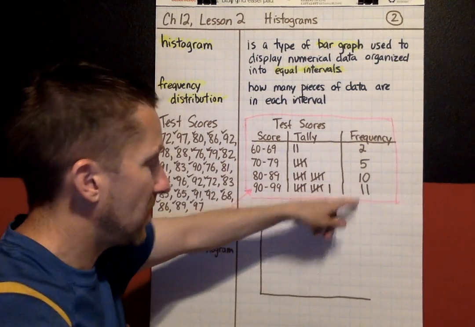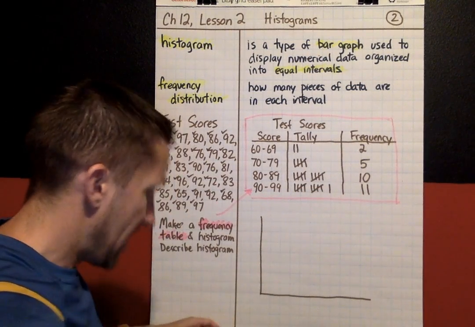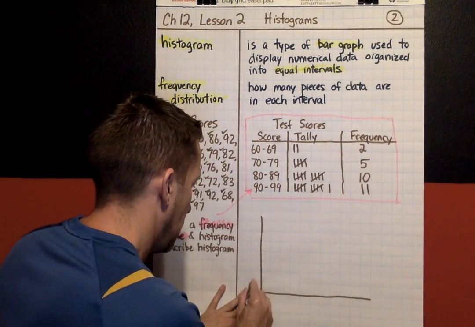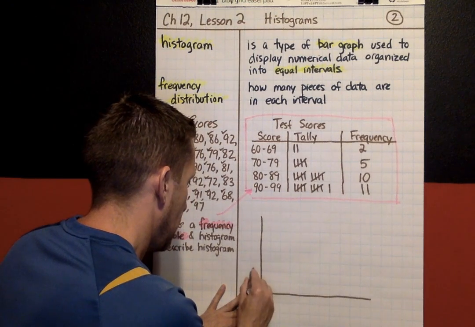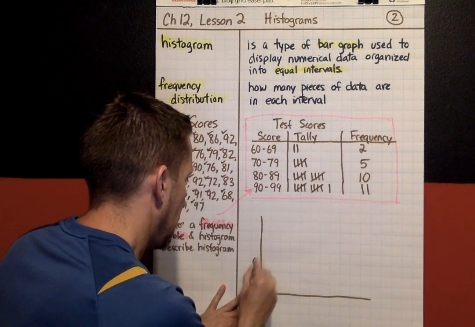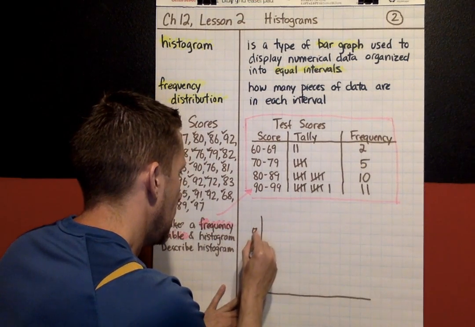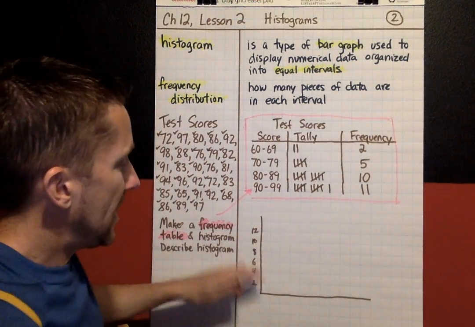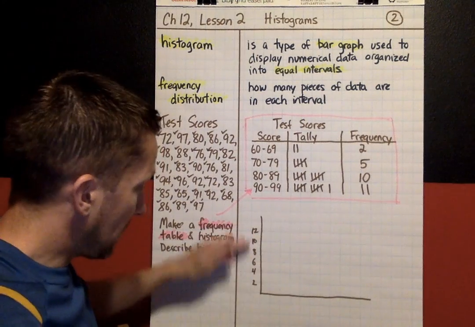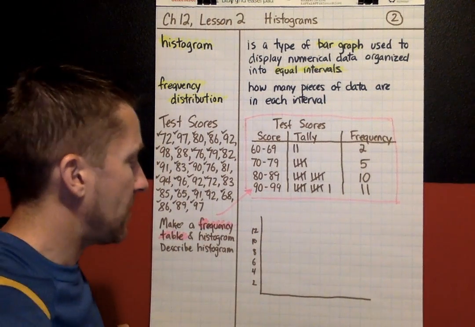I see that I have to go up to 11, so I'm going to count by 2s. So 2, 4, 6, 8, 10, and 12. And again, this is the frequency, or number of times the score happened.